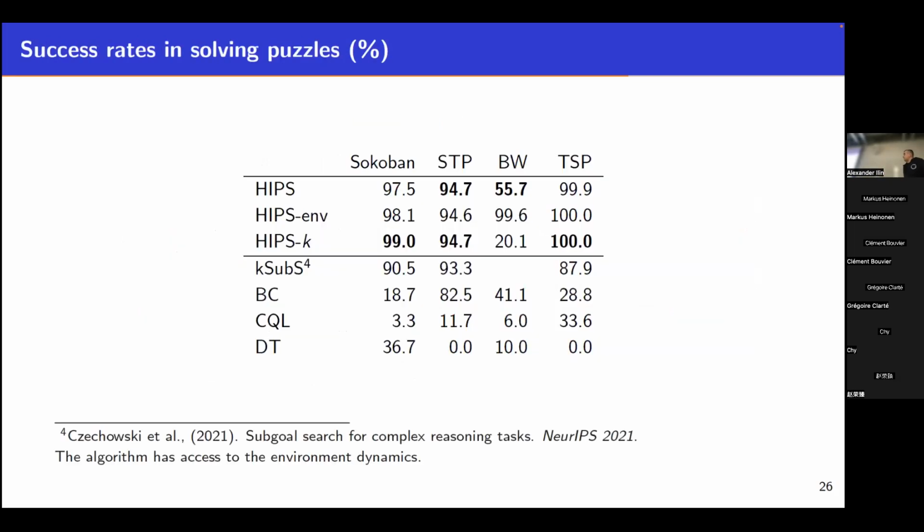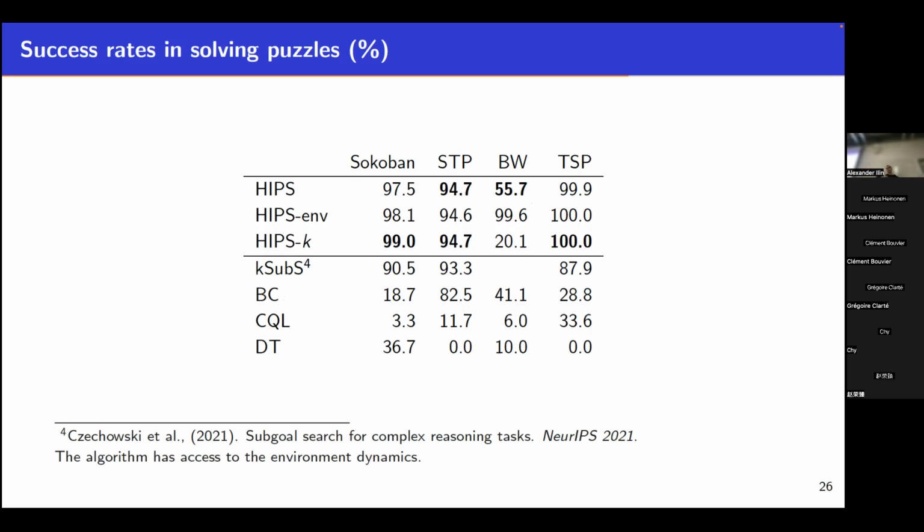Okay, those are the success rates in solving the puzzles. And you can see that our agent was able to solve a much higher ratio of the puzzles, so it's doing much better than the behavior cloning agent. Maybe except for the box world environment, where the problem was that it was not able to learn a good low-level dynamics model, because when we do the search and create a new subgoal, we try to evaluate whether that subgoal is reachable.